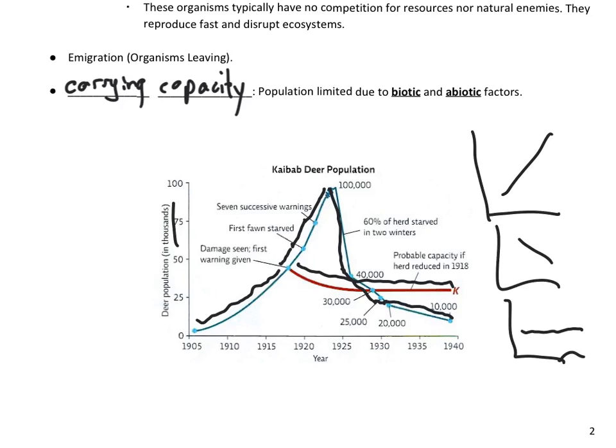So they found this K number, this carrying capacity, to be somewhere around 30,000. All right, and over time, that population has stabilized to around that number.